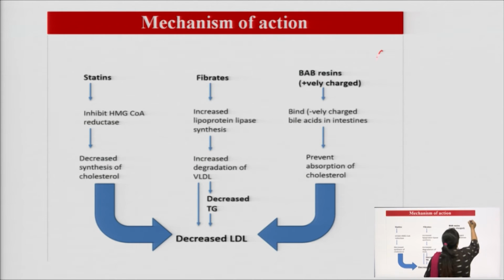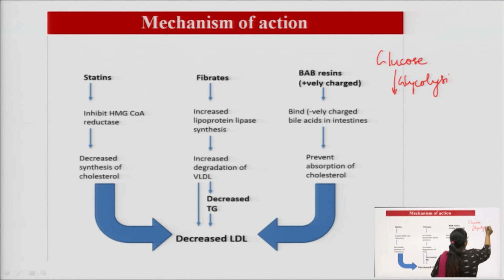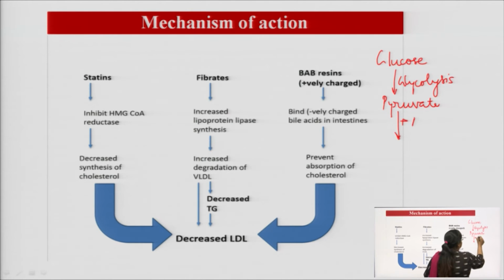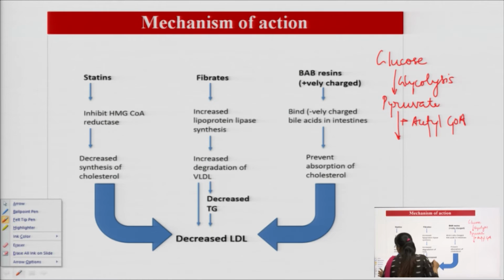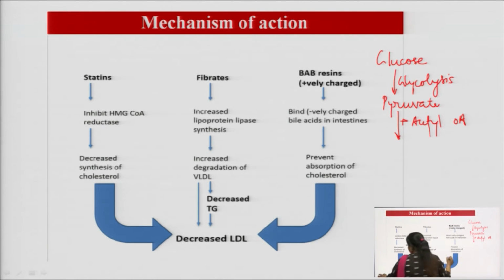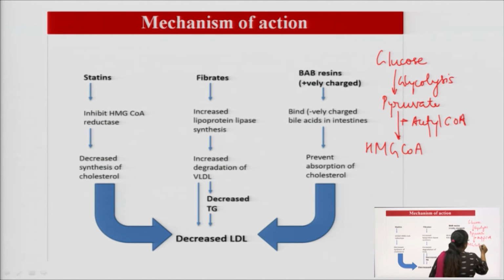So, if we write it down, glucose after glycolysis forms pyruvate, which plus acetyl coenzyme A will form HMG coenzyme A reductase, mevalonic acid and ultimately the formation of cholesterol.